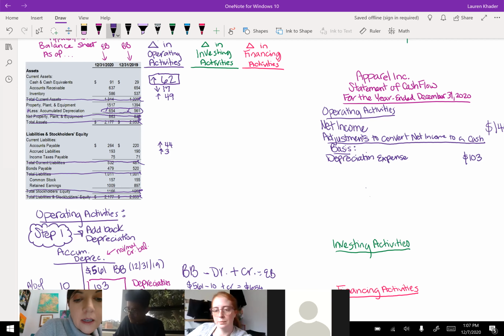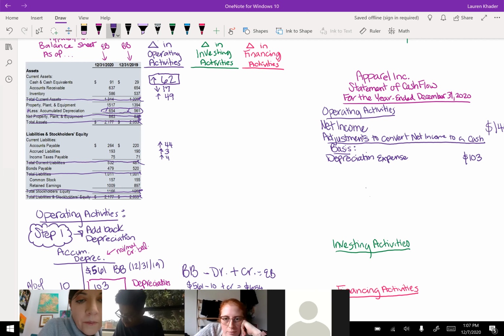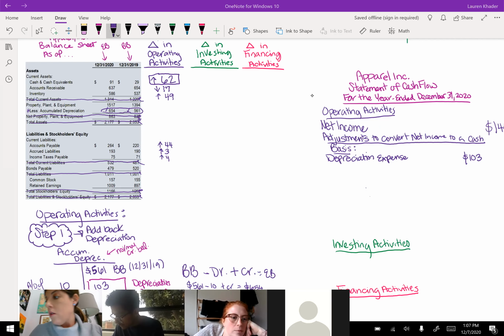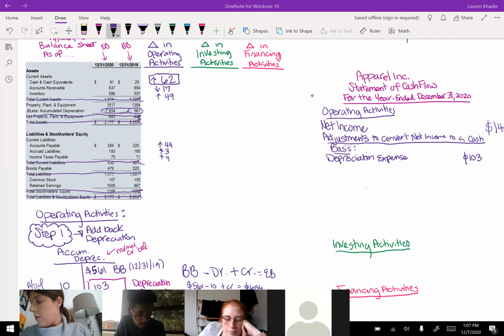And then income tax payable, the last current liability, went from 71 to 75, which is an increase of 4. So far, so good? Yes. Okay.